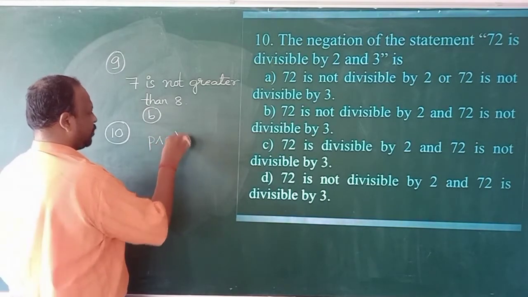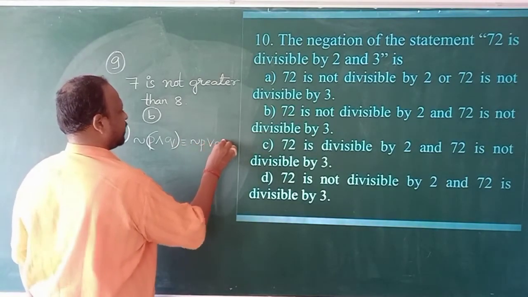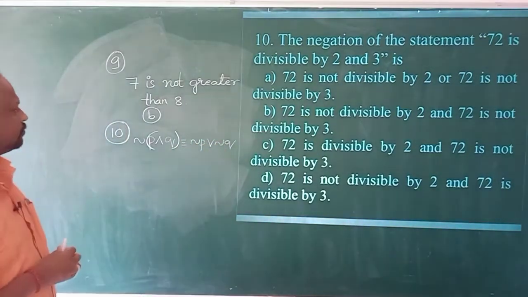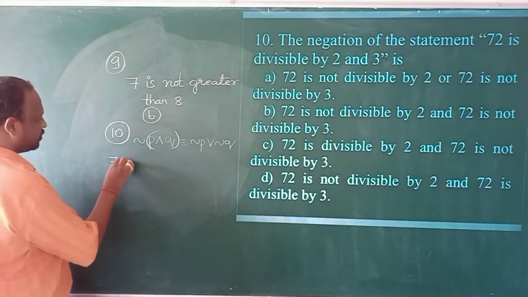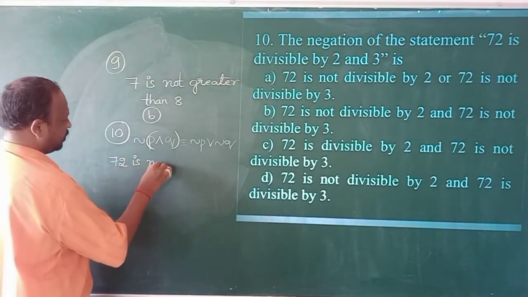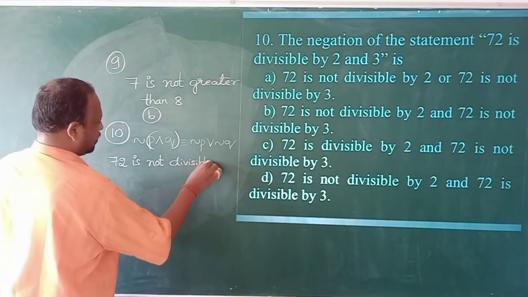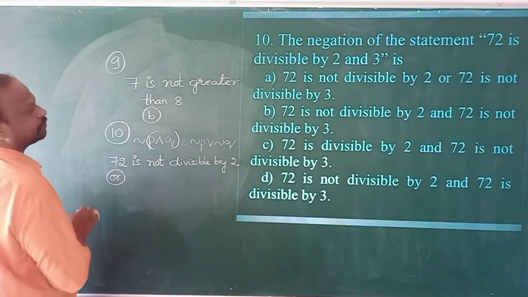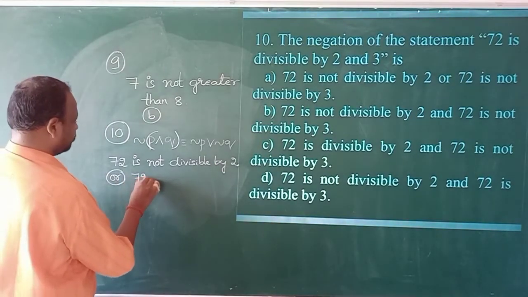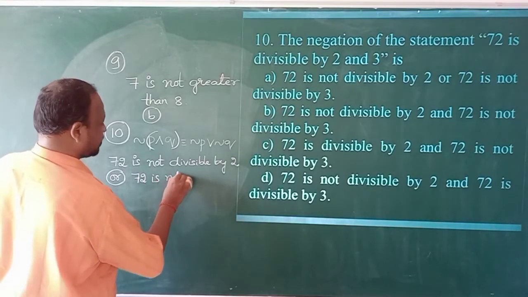Again, P and Q is logically equivalent to negation P or negation Q. 72 is not divisible by 2, or 72 is not divisible by 3.